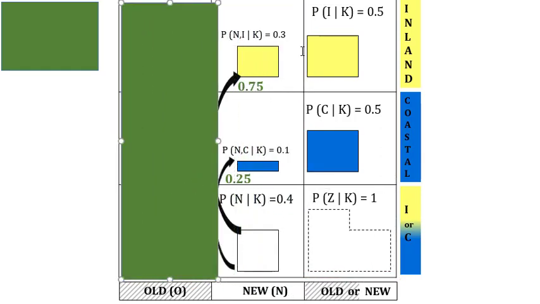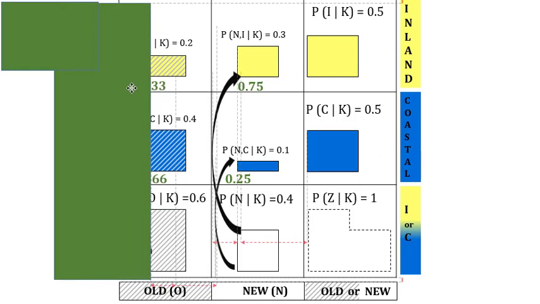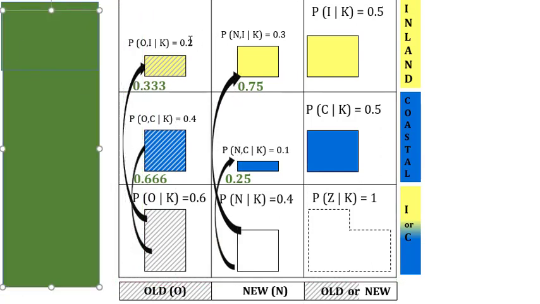And here 0.3 plus 0.1 should add to 0.4. Now, if we consider the 4 joint probabilities, 0.2, 0.4, 0.3, and 0.1, they add to 1. So we achieve the same result, but we started by calculating the marginal probabilities of the variable age, and then conditioning on the values of age.